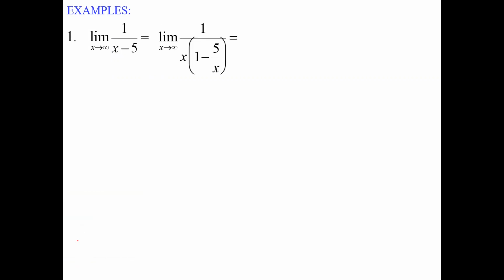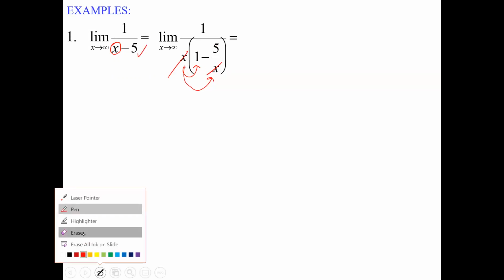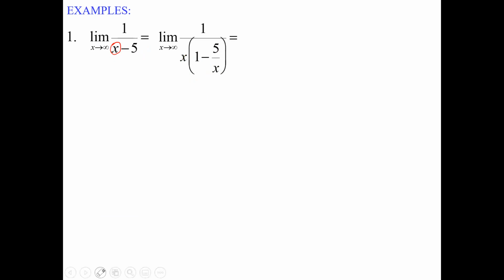I will take x, because this is the leading term in the denominator, and factor it out. Factoring out x, we're getting 1, because 1 times x is x, and 1 times 5 over x is 5 over x. We're good with this part of algebra. Now we notice 5 over x, 5 over a big number, is of course 0.